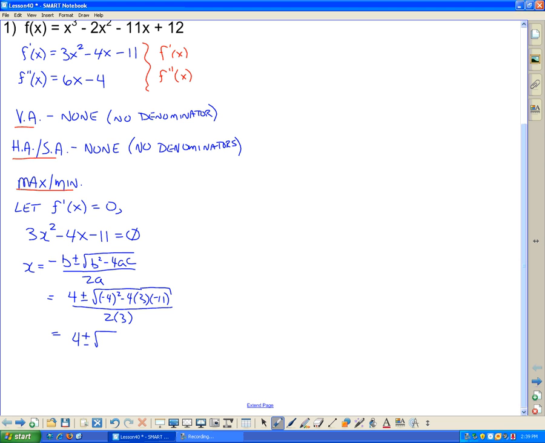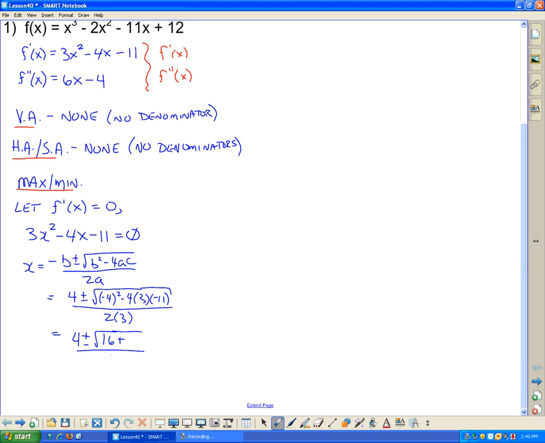But inside, I end up with 16 plus, because we have two negatives, 11 times... and what do we got? 120, 132, I believe. 132.